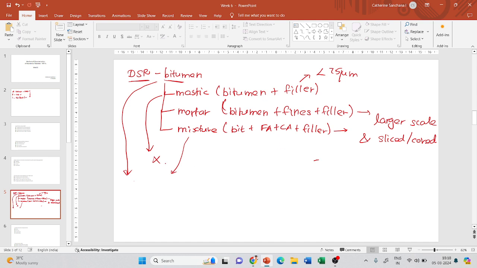Now if you see here, as the name says, it is a rheometer. A dynamic shear rheometer is used to measure the rheological properties of a material.